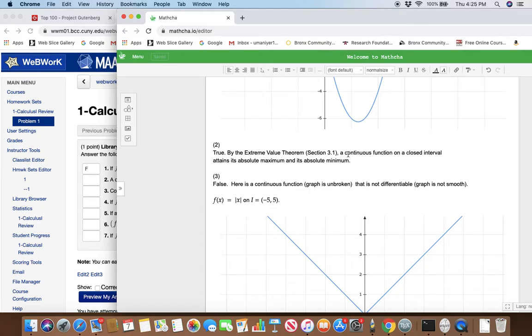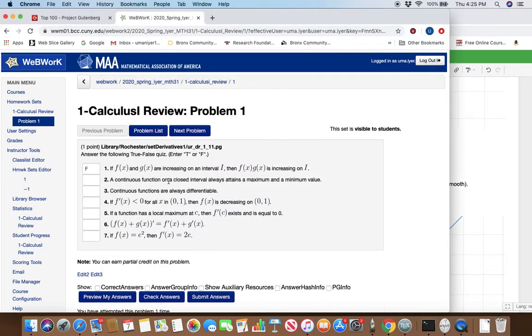The extreme value theorem says a continuous function on a closed interval attains its absolute maximum and its absolute minimum. On a closed interval it attains a maximum value and a minimum value. That is true.